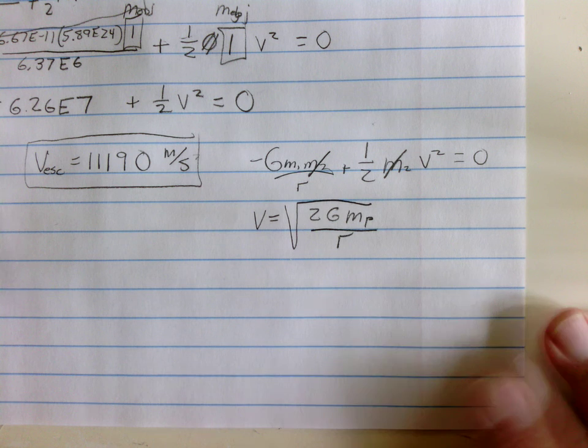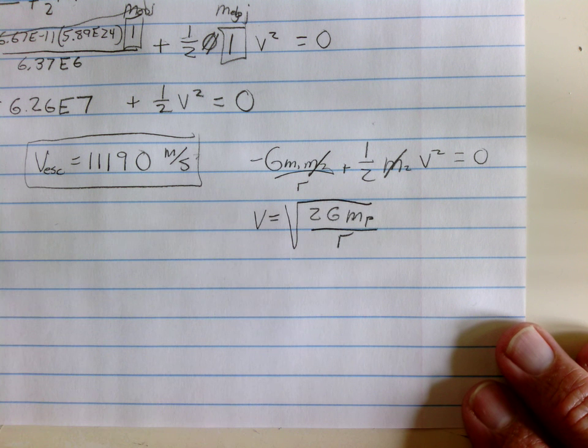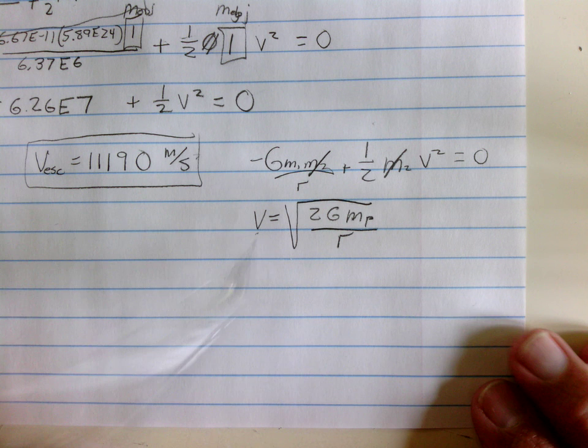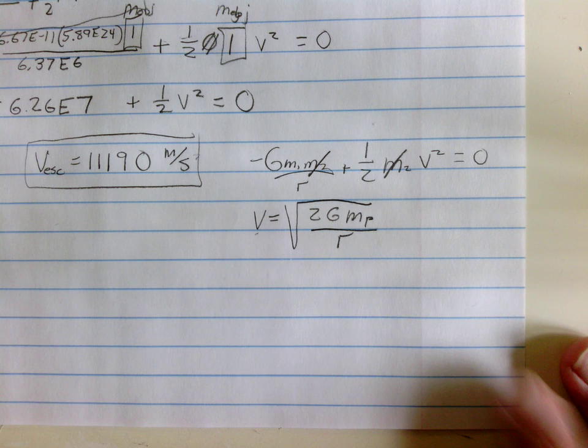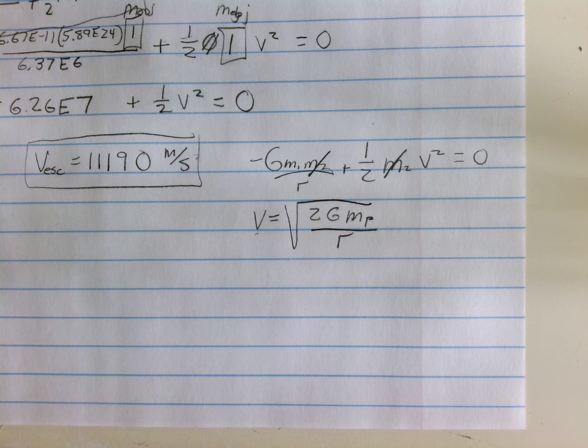Let's look at a couple of things. When you look at things like the moon with a very, very small mass, the escape velocity is so small that the kinetic energy of atmospheric particles is enough for them to leave. That's why the moon does not have a significant atmosphere.